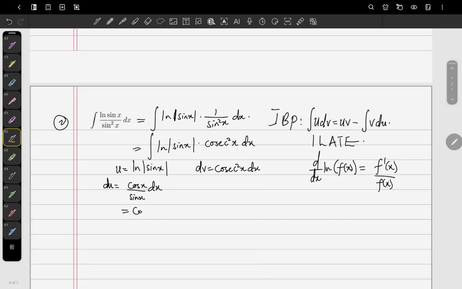That's basically just cot x dx. So that's our du. Then what about our v? One simple trick that I usually use is the fact that I know that the derivative of tan x is sec squared x.